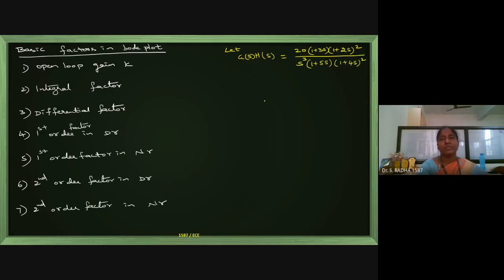If this is my transfer function, here the open loop gain K value is 20.